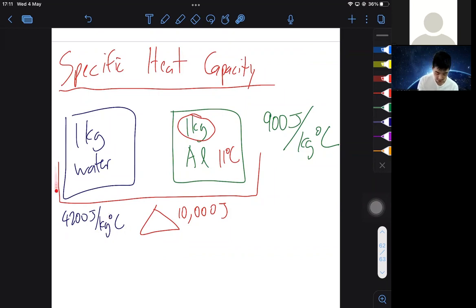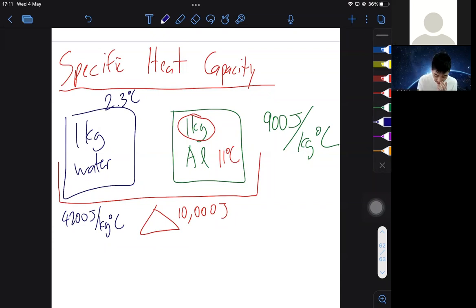So yet again, if I'm heating it up under the same heating source, and I can only supply 10,000 joules of energy here, obviously what's going to happen is this water will rise somewhere around, I don't know, maybe 2.3 degrees Celsius. I'll let you do your own calculation, all right, somewhere around there.